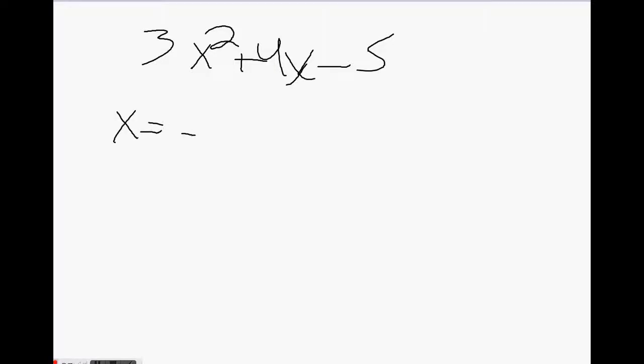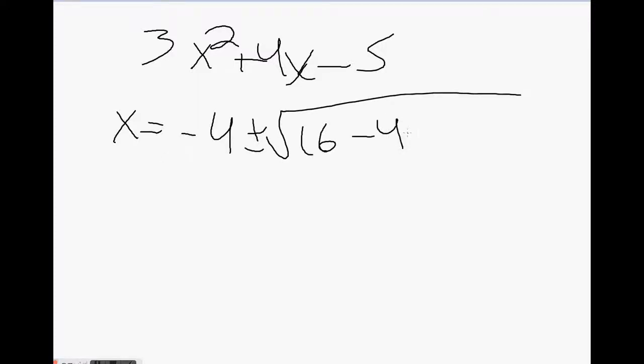Next is 3x squared plus 4x minus 5. So x equals negative b, negative 4, plus minus the square root of b squared, 16, minus 4 times a, which is 3, times c, which is negative 5, over 2 times a, which is 2 times 3, which is 6.